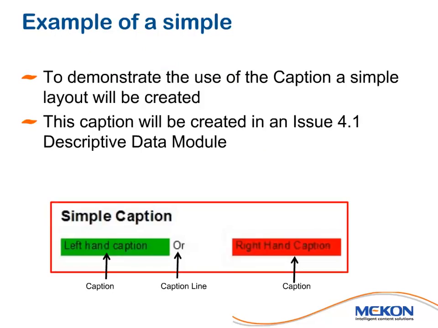To demonstrate this caption mechanism, we're going to do a simple layout, and it's going to be roughly like that that you can see on the screen now. And we're going to use an issue 4.1 descriptive data module to do that. So we're going to have a left-hand caption, we're going to have a caption line, which is a link between the two, and we're going to have a right-hand caption.